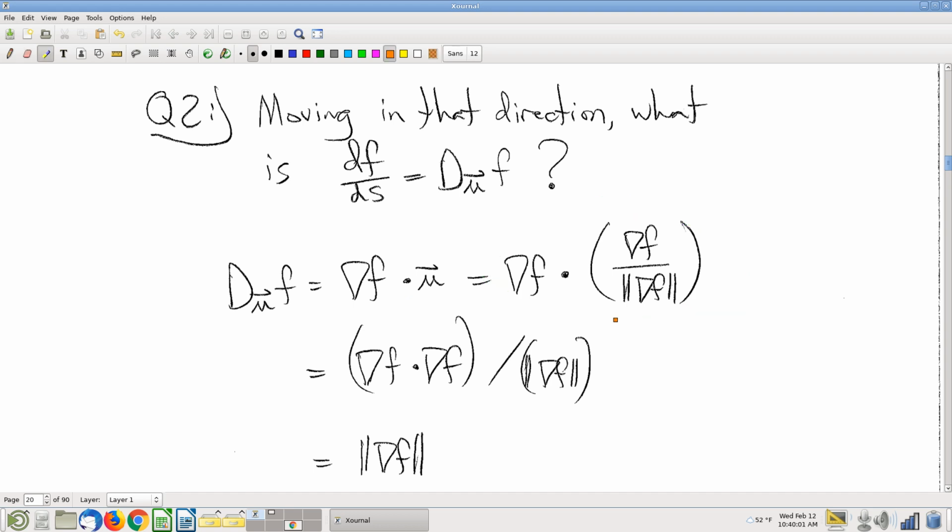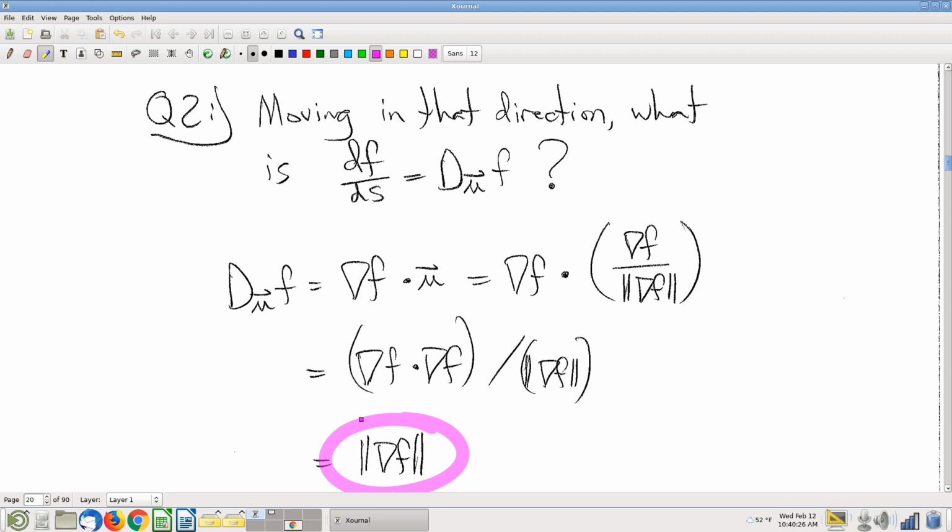I could rewrite this as, you'll notice, gradient divided by magnitude. And this is magnitude squared. So I have magnitude squared divided by magnitude, and that gives me magnitude. So, weirdly, check it out. The gradient has again ended up being the answer.